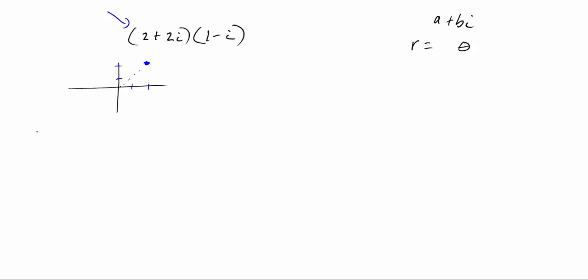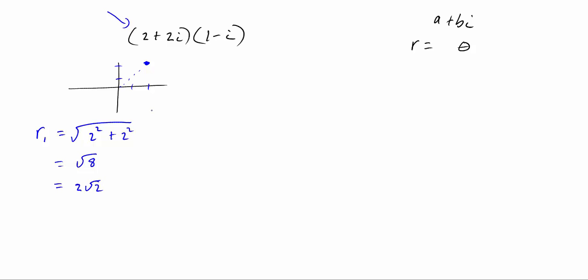So therefore, if I go to calculate now the r value, r is going to be equal to the square root of 2 squared plus 2 squared. So that would be equal to the square root of 8. Or we could actually then simplify that. That would be the same thing as 4 times 2. So that would be 2 square root of 2.